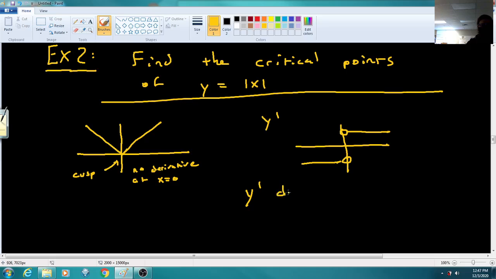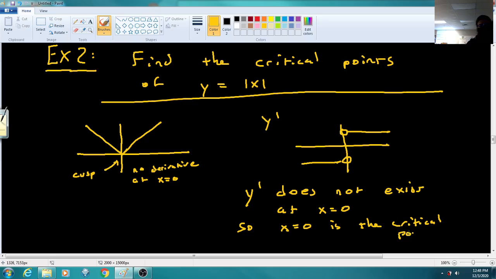So y prime does not exist at x equals 0. So x equals 0 is the critical point of y equals the absolute value of x.